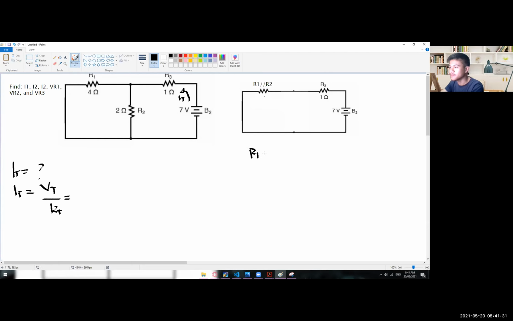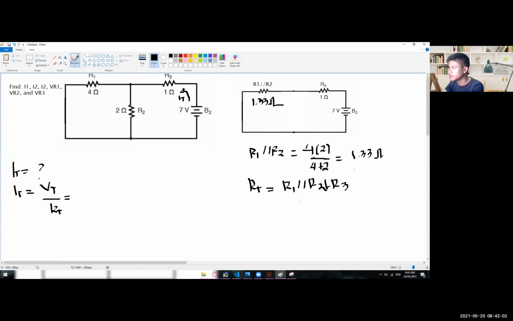So here we have R1 parallel to R2, wherein we have 4 times 2 divided by 4 plus 2. So 8 divided by 6 is equal to 1.33. So this one is 1.33 ohms. And then for the R total, we have R1 parallel to R2 plus R3.